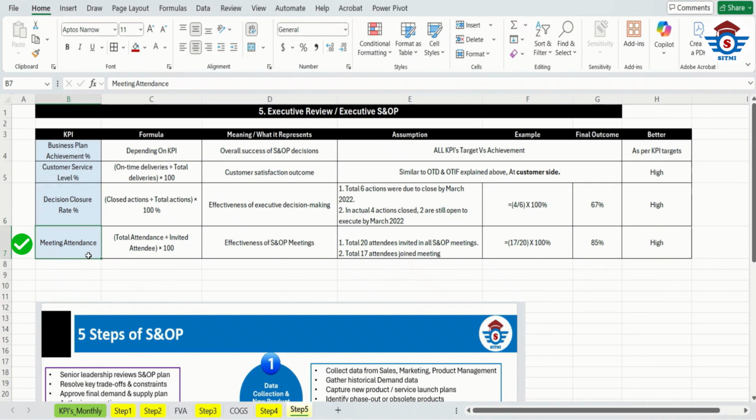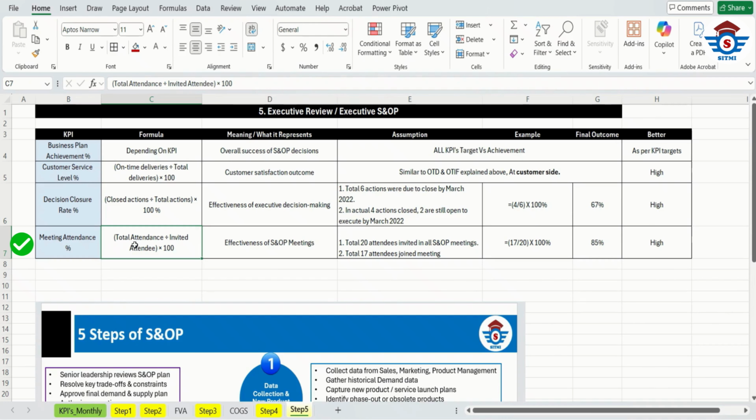Now, the last metric that we are seeing here is meeting attendance percentage. Now, it is very important that every S&OP meeting has to be attended by all the cross-functional attendees required in specific meetings. This is important because everyone gives their decisions and everyone understands and gets aligned on one plan in all the S&OP meetings.